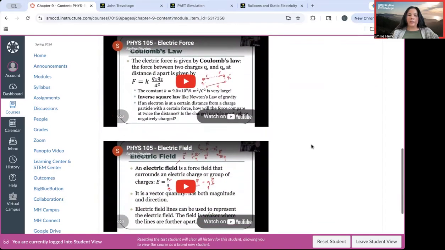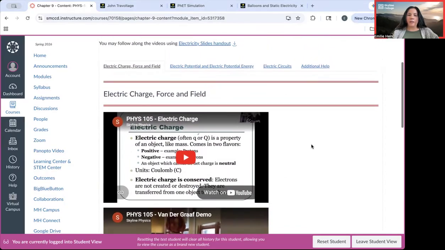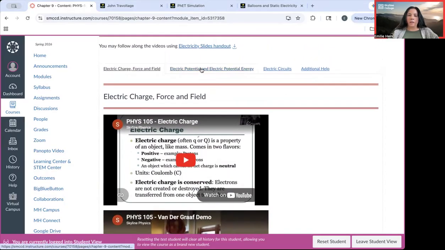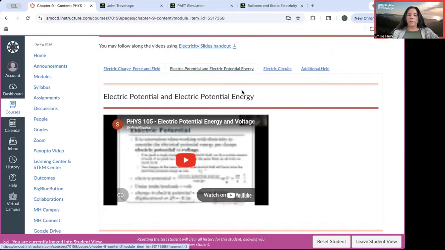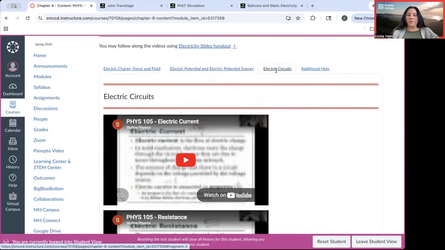And then beyond that, here on the second tab, we talk about electric potential and electric potential energy. So those are two separate things. But with this, we're going to start talking about circuits, because you'll see that this is essentially that energy and what you need to start getting that current in your circuit.